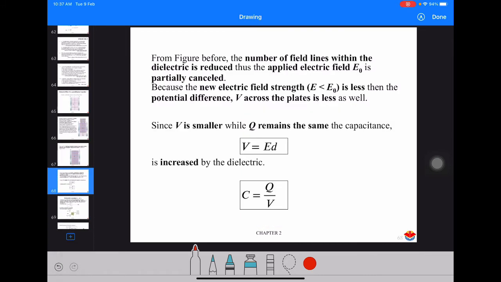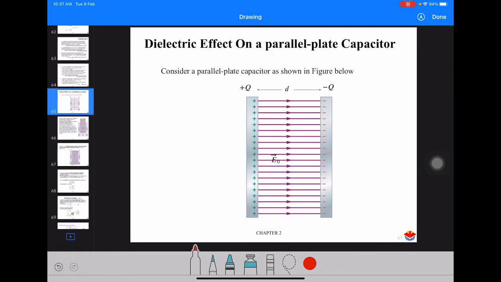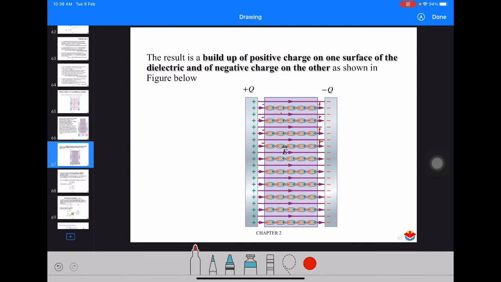For the figure before, the number of field lines within the dielectric is reduced. If you compare the electric field lines, you can see there are fewer here compared to this one. This one has lots of complete electric field lines, but once you put in the dielectric material and it becomes oriented, you have a retarded electric field over here.